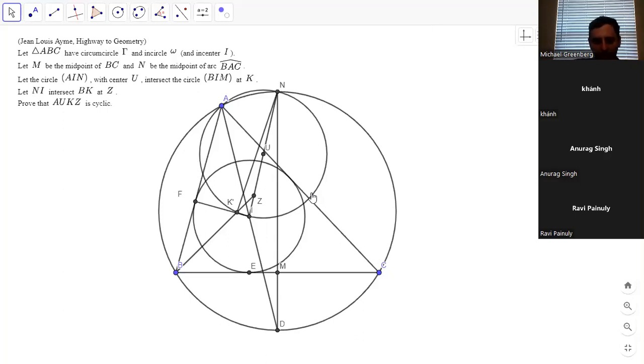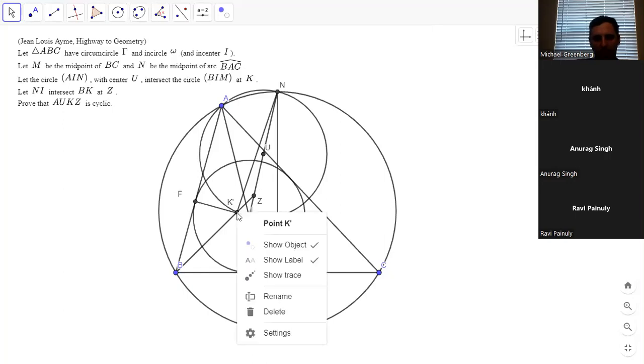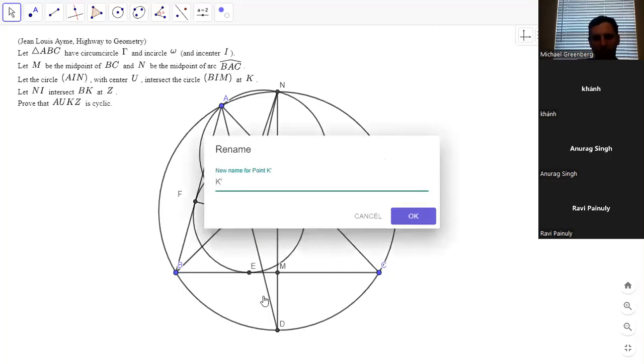Let U equal BZ intersect the circle AIN. Okay, so we call this G. So basically you're saying rename this as G. Oh, the second intersection.